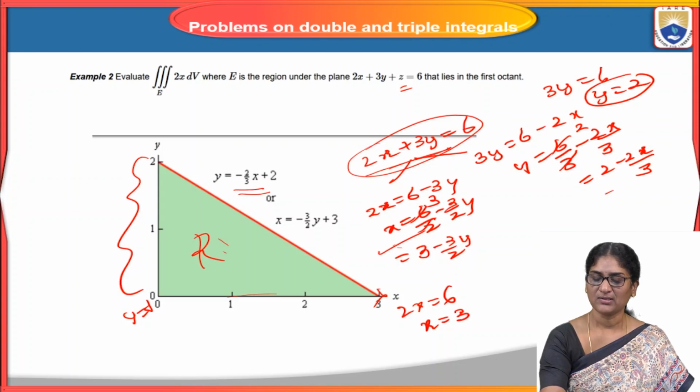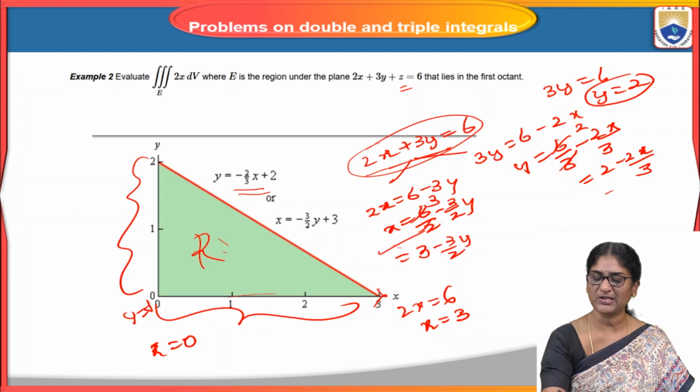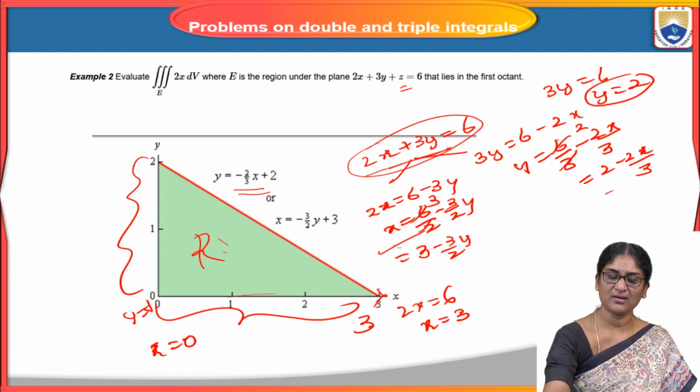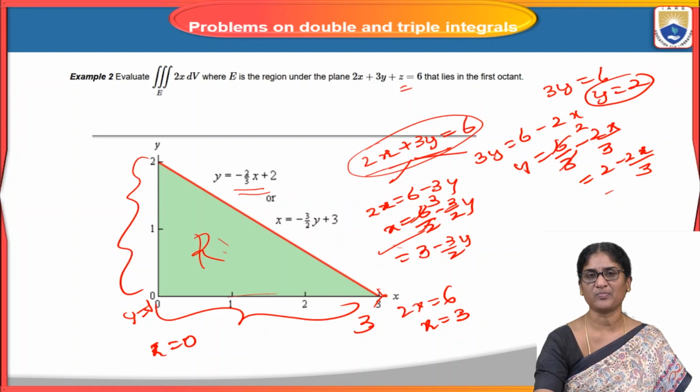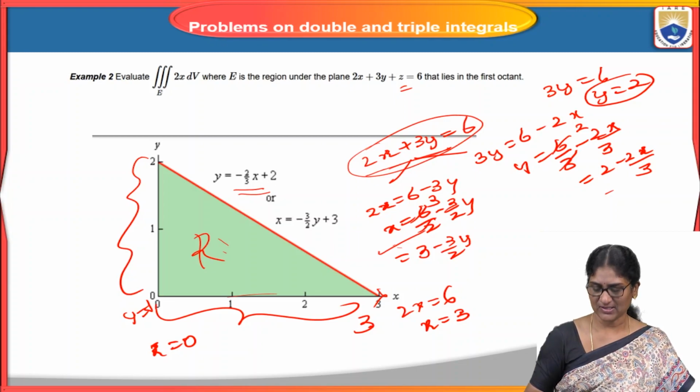That means if you are taking x values as fixed values, they should be taken from 0 to 3. Both things at a time we can't apply. Any one, either convert all the functions in terms of x and give the x as a fixed limit, or in terms of y and give the y limits as fixed limits.